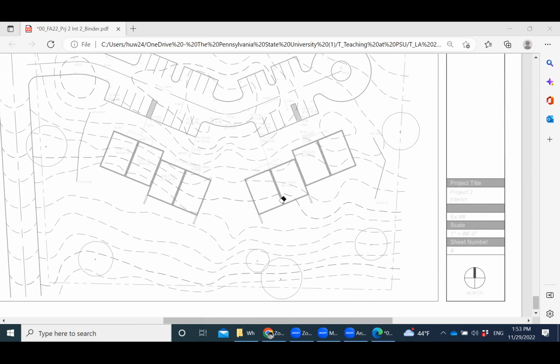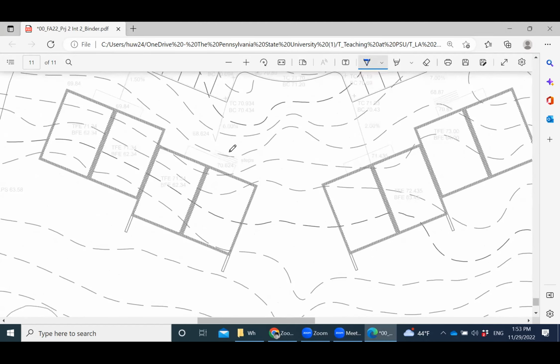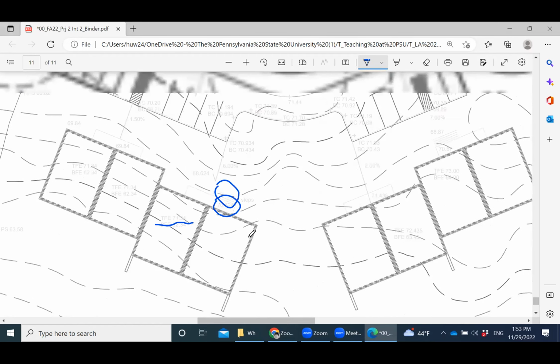And there are some things that don't match. I don't think you need the steps here, and some things like 70.624 and the TFFE, and the slope actually goes that way. You can't exceed 5%. So those things need to match.